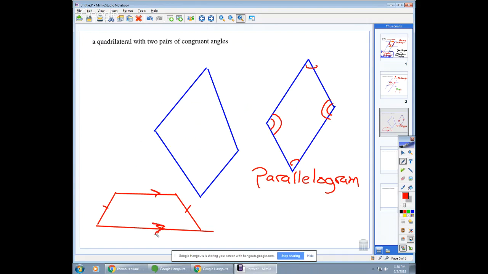This will give us an isosceles trapezoid. So it looks like we have a couple of options, but any old trapezoid won't work.